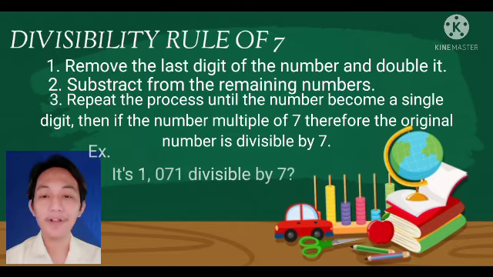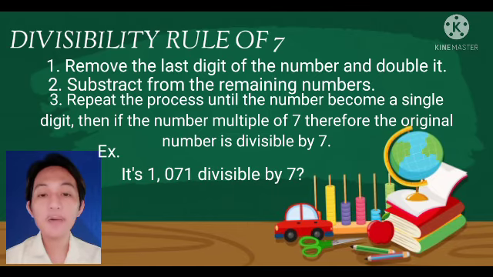For example, is 1071 divisible by 7? To know, we follow the given instructions. We remove the last digit, which is 1, and double it, and it becomes 2.